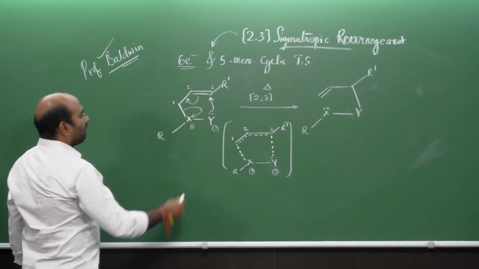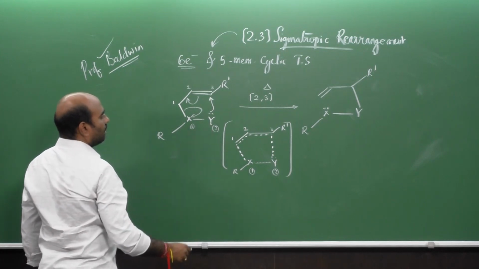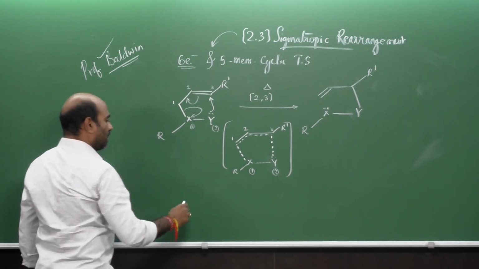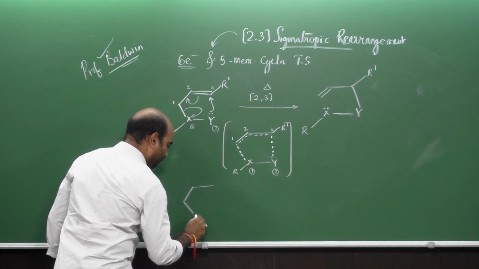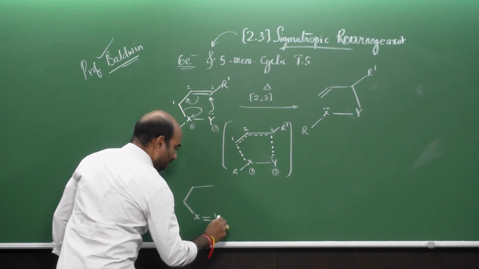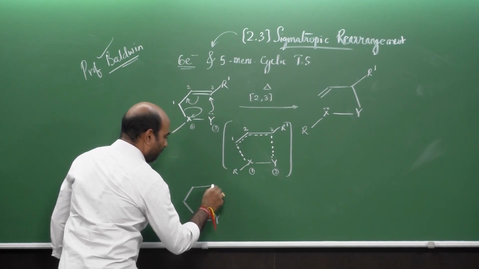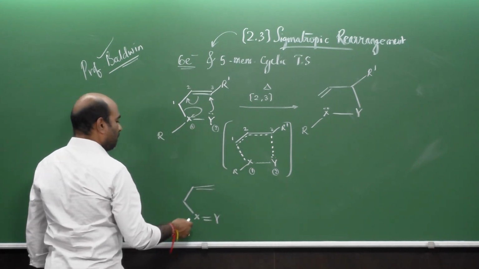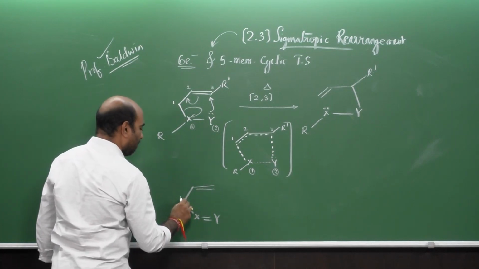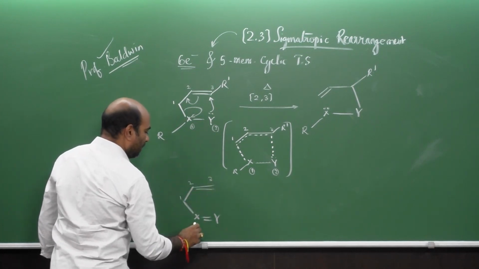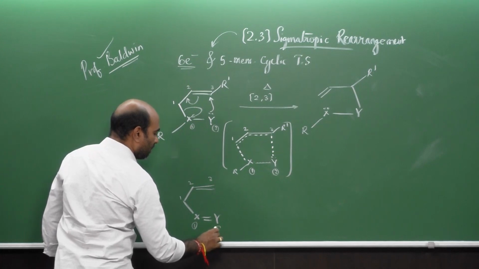So, what if the Y is an oxygen atom, or X double bond Y and then there is a double bond. So, two different types of generalizations can be seen for this, 1, 2 and 3, and this is 1 and this is 2.